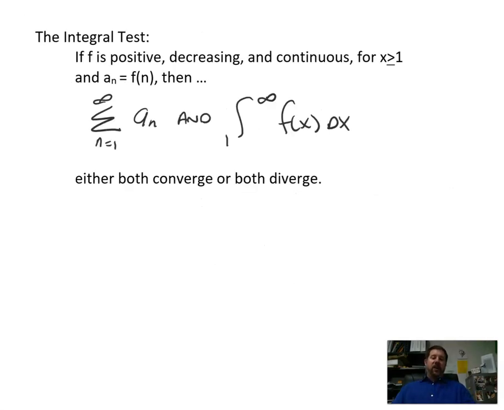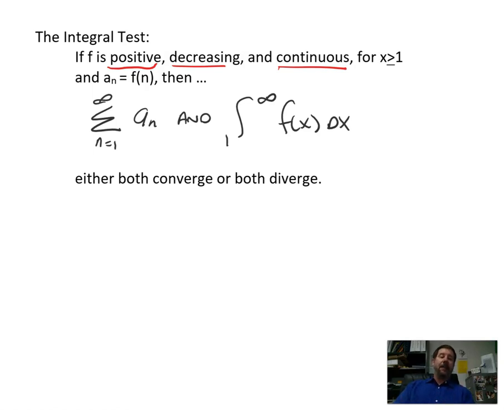Here is our integral test and all the conditions that we need to have to use it. If f is a positive, decreasing, and continuous function for x's that are greater than 1, then the series, the terms, with the same values of f(x) or f(n) in this case, and the integral are going to both converge or both diverge.